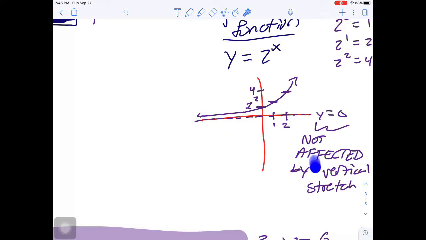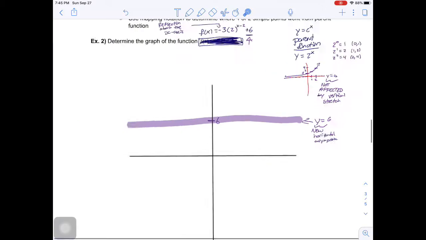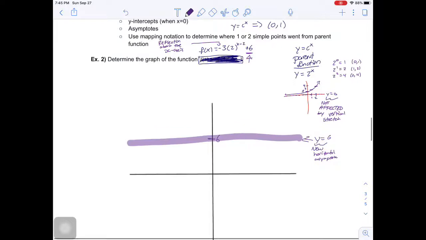Okay, it's going to flip it, and then we're going to move 6 units up. So we should know that the general shape of this graph is going to look something like this. Okay, so we can keep that in the back of our mind. So that means when we find our y-intercept, which is what we're about to do here, it will be below 6, and our x-intercept has to be greater than 0. Okay, so let's find those.